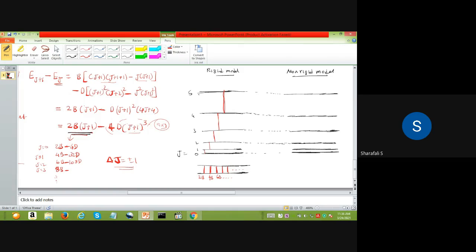So this will come as 4 cube, so it will come 16 into 4, that is 64. 64 into 4 will come, so this is 256.